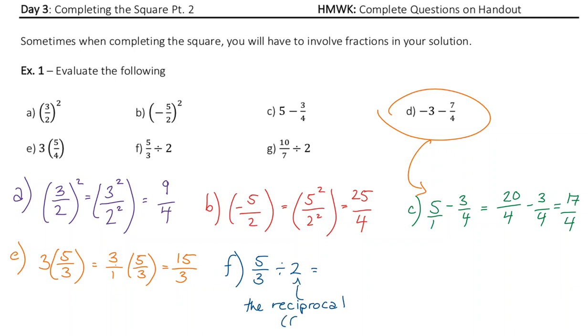The reciprocal is just essentially you have flipped the fraction itself. So if this is 2 or 2 over 1, it actually now becomes 1 over 2 or 1/2. So I have made my operation not division anymore, it's multiplication. And now I've taken the reciprocal of 2, which is 1/2, and you multiply your numerators. 5 times 1 is 5, 3 times 2 is 6, and that is your resulting answer right there.